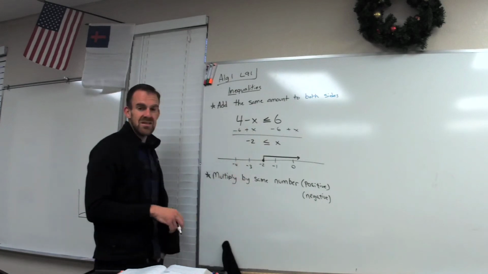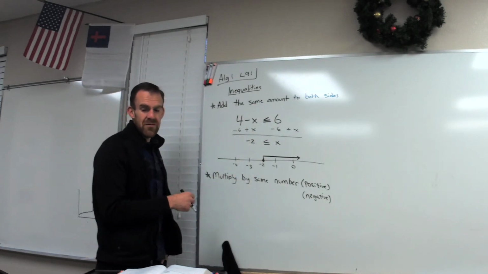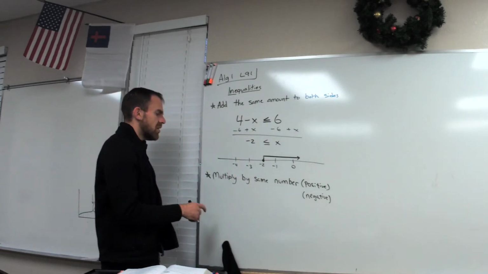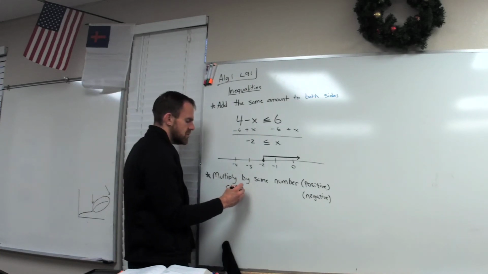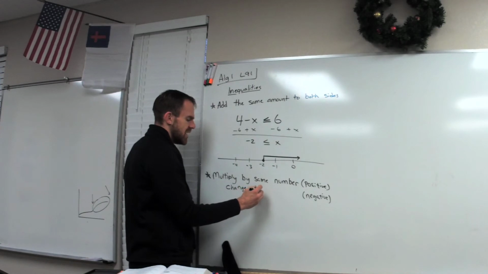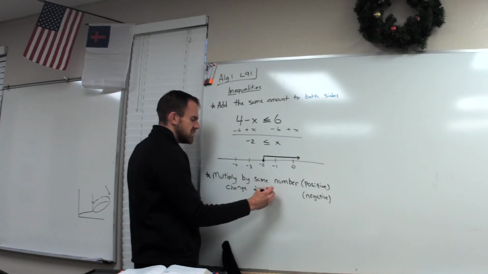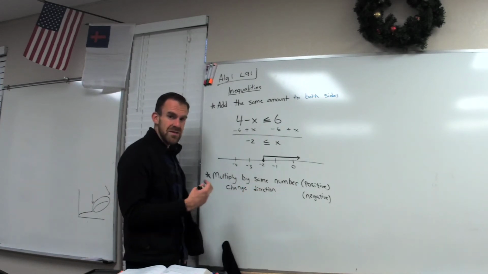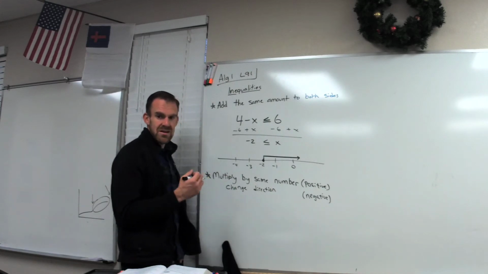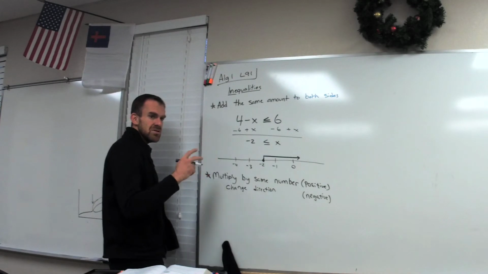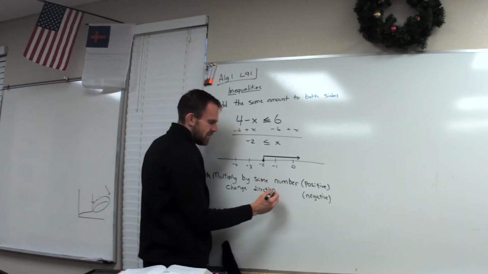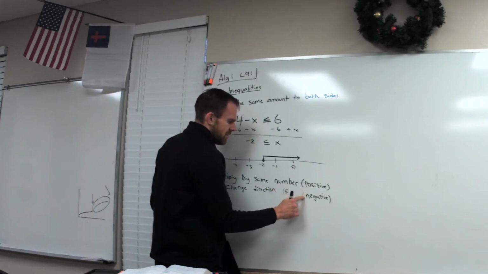This would obviously be easier if I just multiplied by negative 1 on both sides. So if you have a negative, you have to change the sign or the direction of the sign. You never change whether it's equal to or not. So if it's equal to, it's still equal to. If it's not equal to, it's not equal to. But you will change the direction of the sign if negative.